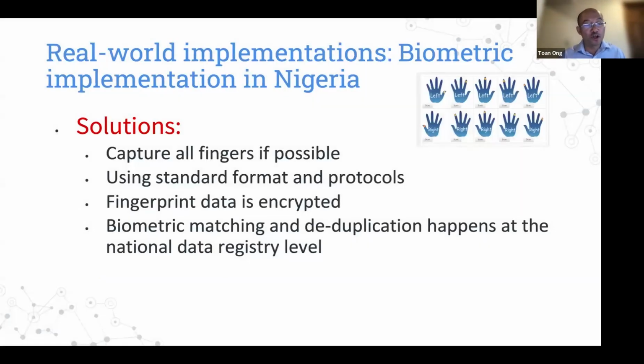So the solution is to capture as many fingers as possible. Ideally, they want to capture all 10 fingers every time. Rely on standard formats and protocols as much as possible, using encrypted data.